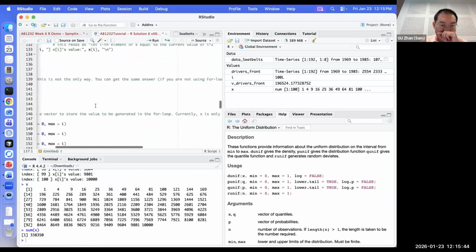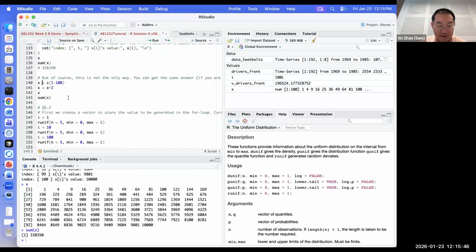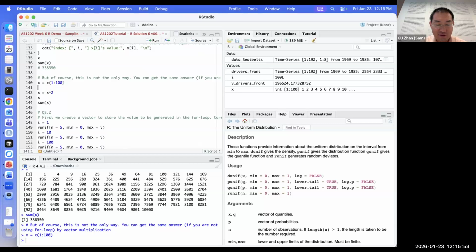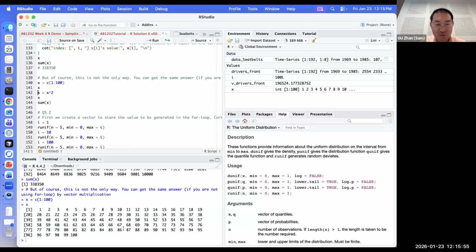For this course, there are a few other ways. Let's say x equals 1 to 100. That's a trick. Let's have a look at x. x is just 1, 2, 3, 4 till 100, so you use one column of 100, a list of 100. Then you do x power 2.